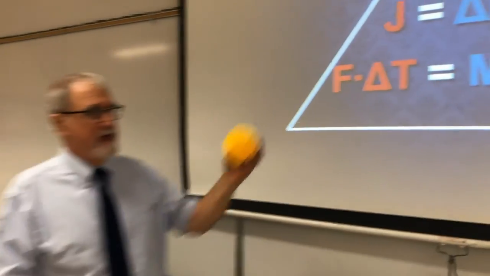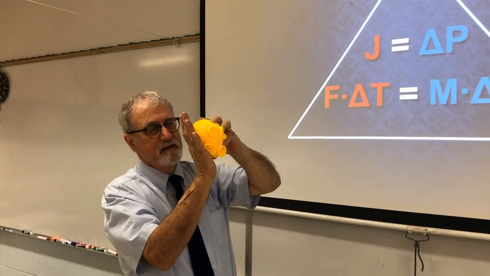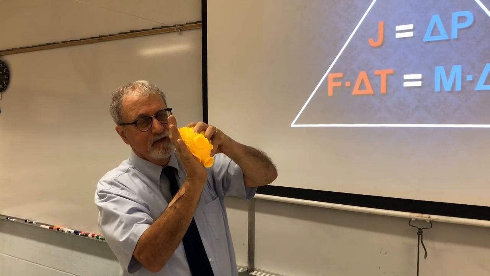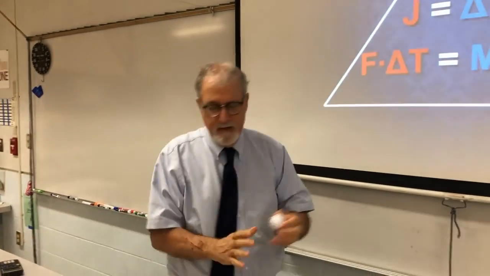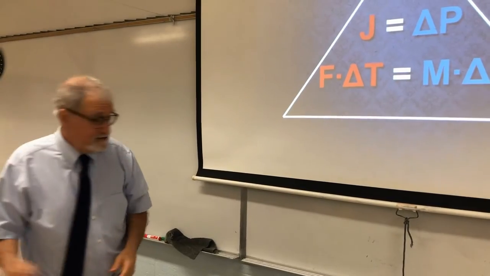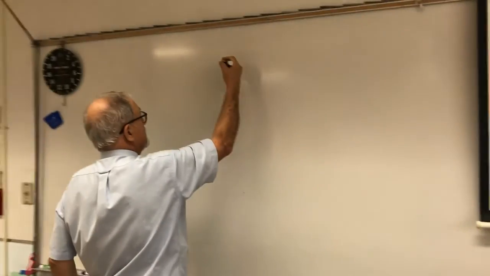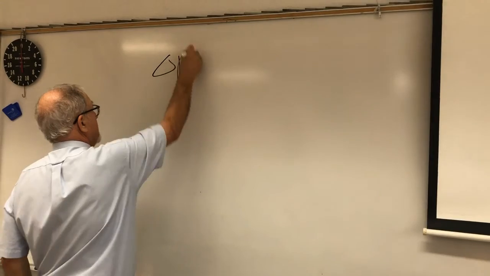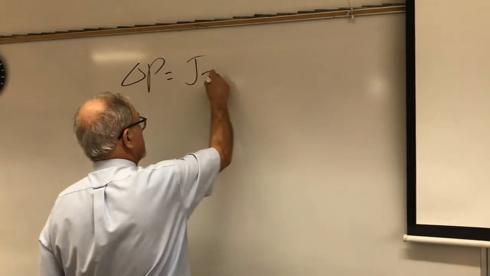It's the amount of time that it comes in. As this comes in, it first makes contact and it starts to squeeze and koosh, and then it comes off. It takes a long time for that to happen. The golf ball comes in and clicks, no koosh. So the change in momentum and the impulse are the same both times.